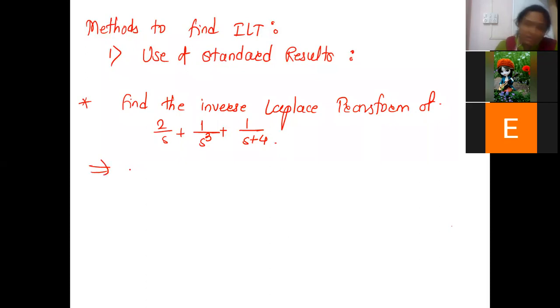So we have to consider the Laplace inverse of this.